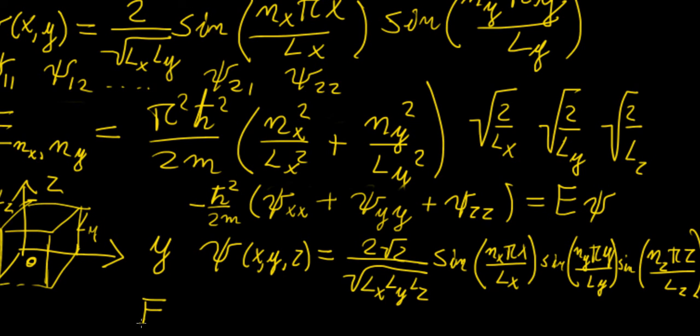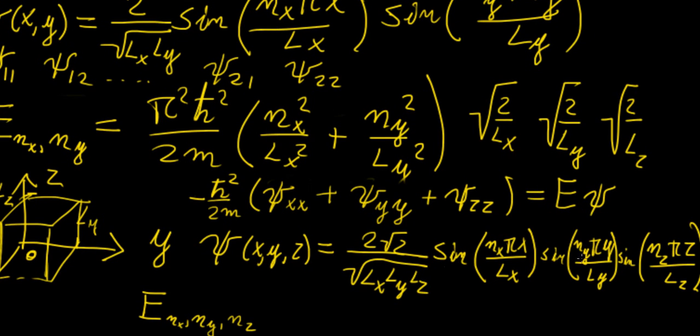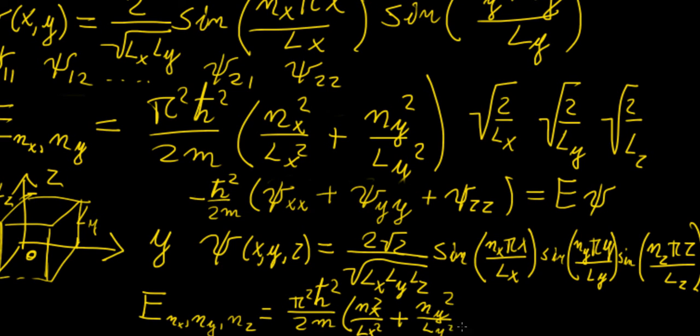And as you guessed, the discrete energy levels are going to be a function of all those integers, nx, ny, and nz, which means that we're going to have the following: pi squared, Planck constant squared over 2m, times nx squared over Lx squared, plus ny squared over Ly squared, plus nz squared over Lz squared.